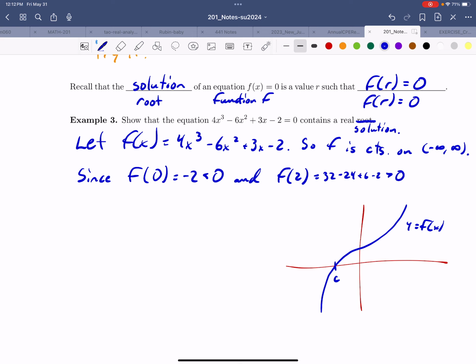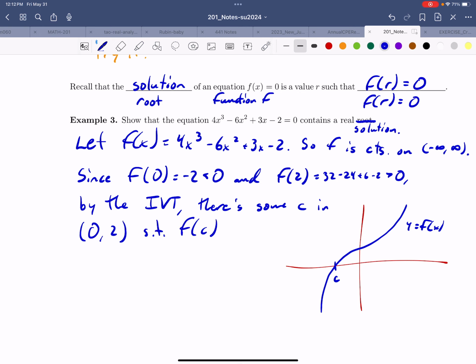It's clearly greater than 0, so by the intermediate value theorem, there's some c in the interval 0 to 2 such that f of c equals 0. All right? So that's what we do.